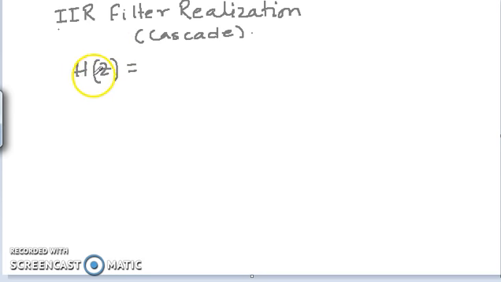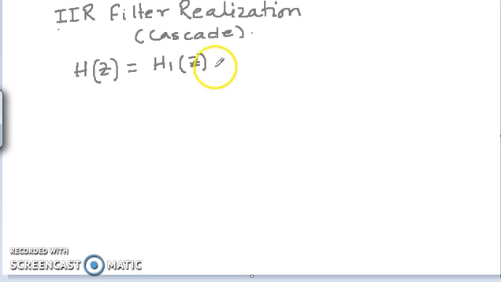That is, we have to realize it in such a way. Suppose we can divide it in so many ways, we have to take care of that. We have to divide it into parts, and then multiply the parts. Suppose we are dividing H(z) depending upon the transfer function into H1, H2 up to Hn.